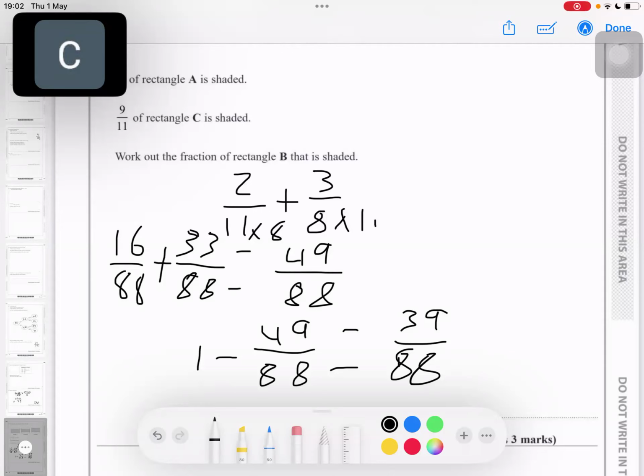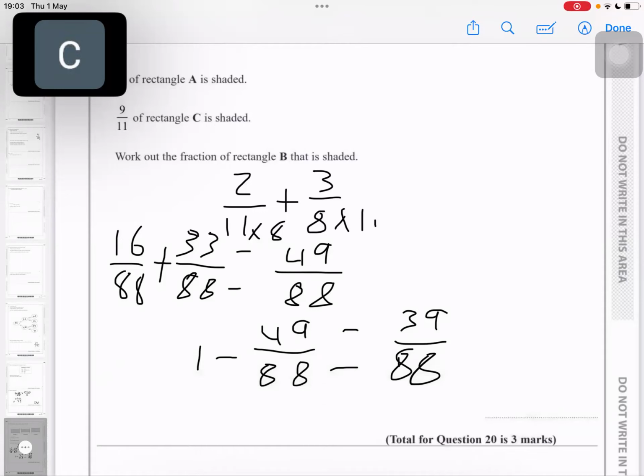Okay, you've already calculated it. That's good. So that's 39 over 88. Okay, so yes, that's the fraction of B that is shaded. All right, so can we move on now? Yes.